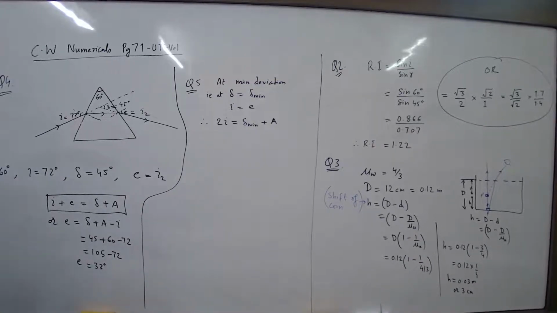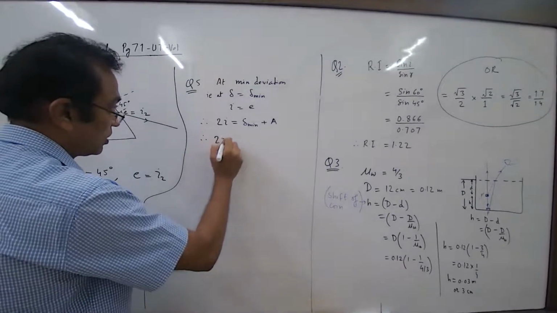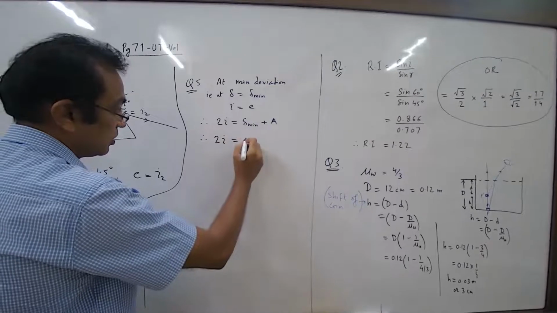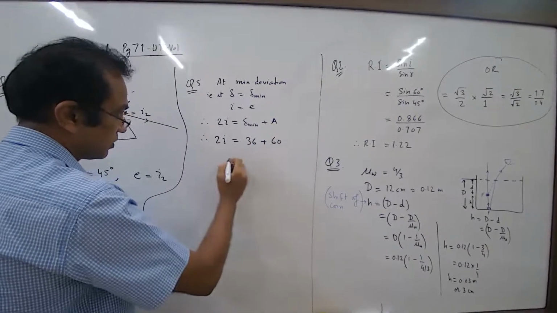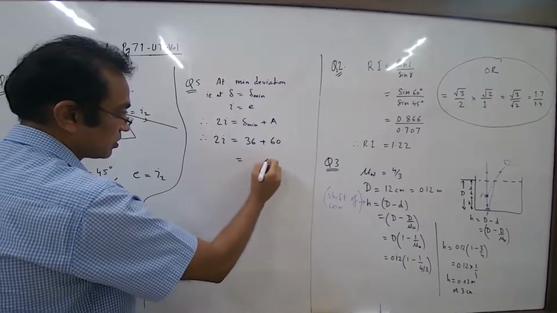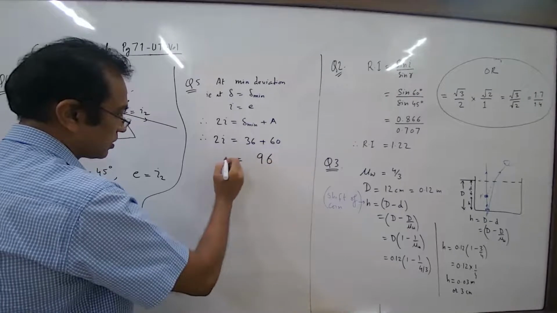Right? So what do we have? What should be the angle of incidence for a ray of light which suffers minimum deviation of 36 degrees through an equilateral prism? So 2I is equal to 36 plus 60. So that's 96.